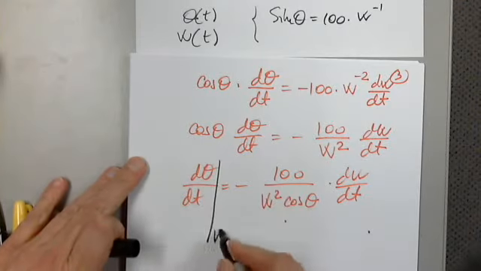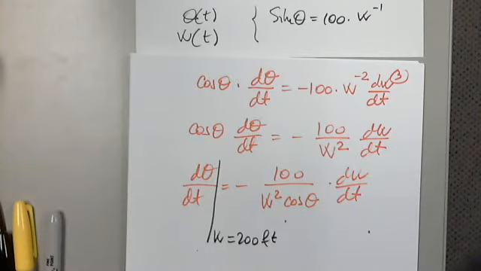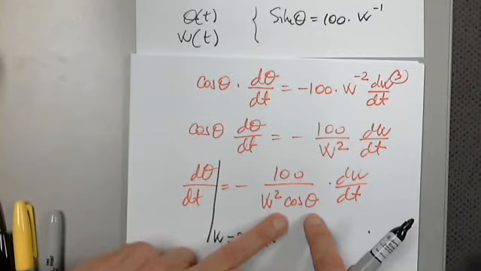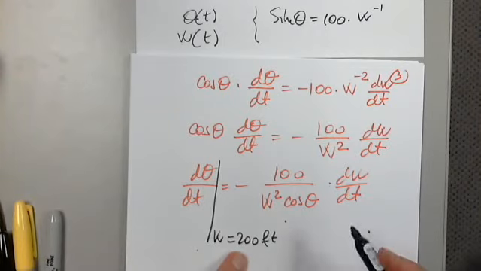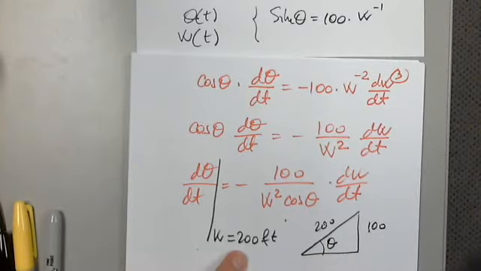So this has to be determined when w equals 200 feet. Now, I don't have a problem determining cosine theta because I know that this is 200. So I'm coming back here. This is 200, this is 100. Then I know exactly what theta is.